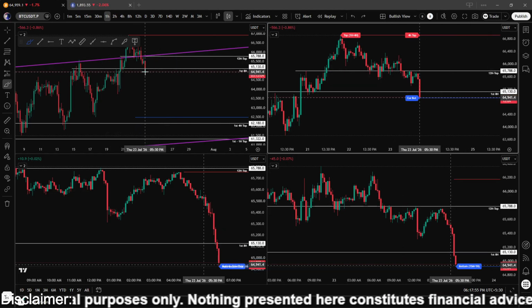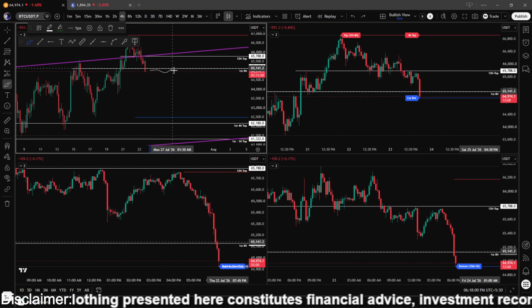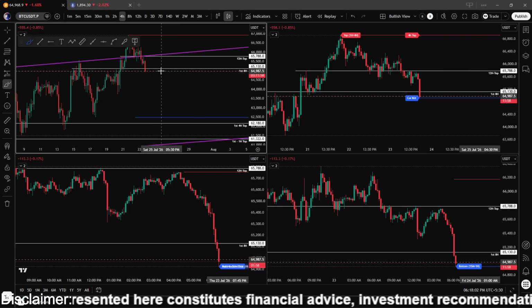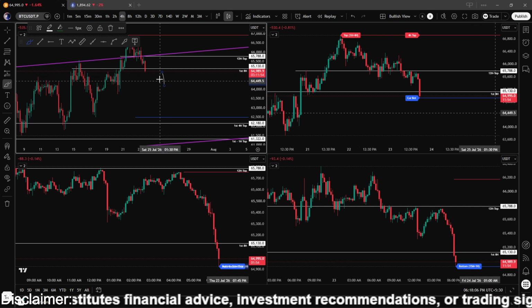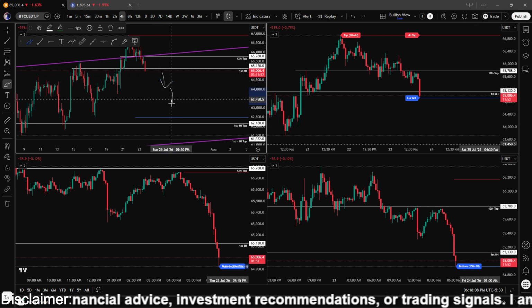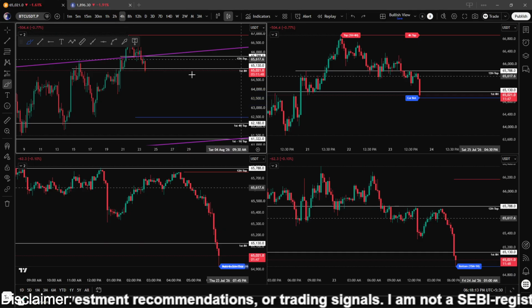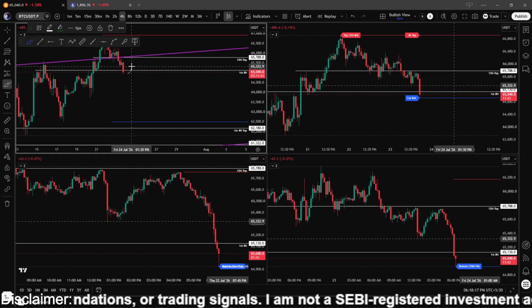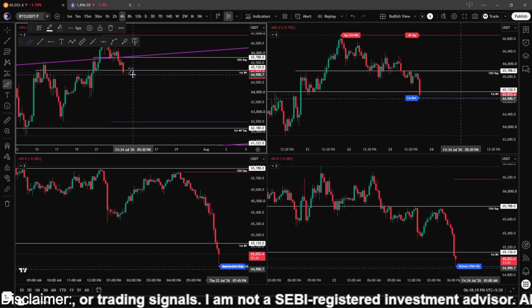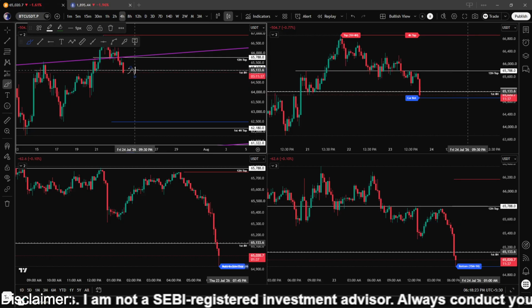And if price closes below this level, then the direction can be to the downside. But at the same time, price will try to break this same level again, and maybe there will be a reattempt to reclaim it.